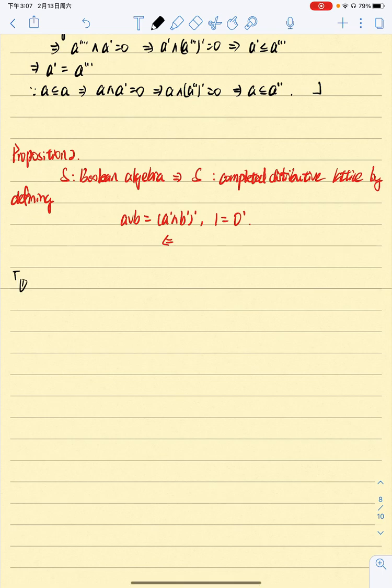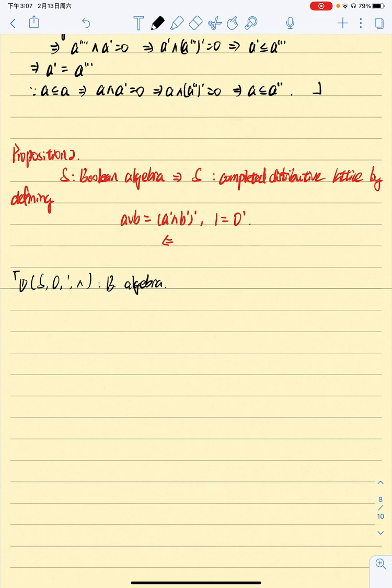First, suppose S, 0, prime, and is a Boolean algebra. Then we want to show this is a completed distributive lattice.